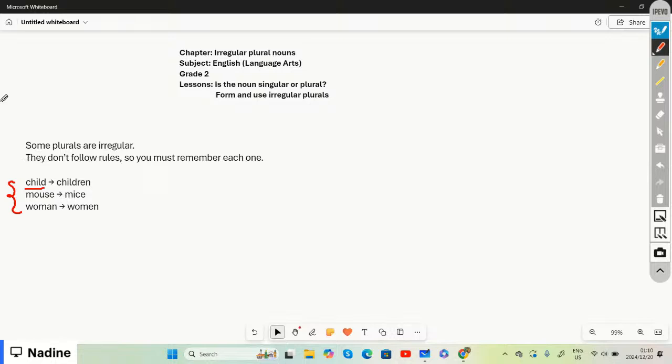Then instead of just saying childs and adding an S, we say one child, but two or more children. Do you see how that word changes, right?